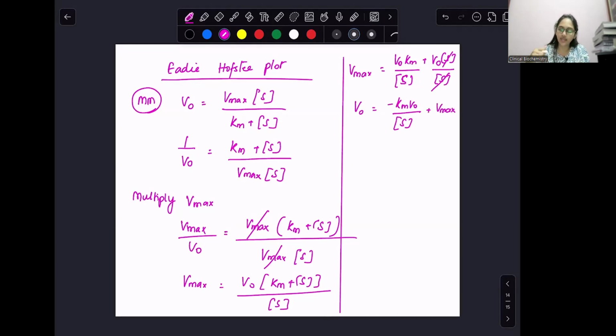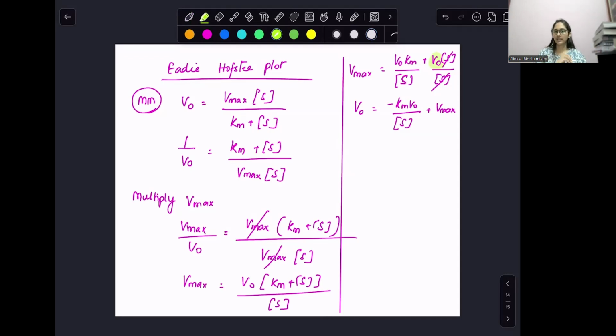So you will have to take this V0 out. You have V0 into Km by S plus V0. You want to bring this V0 to one side, and move the V0 Km divided by substrate to the other side.